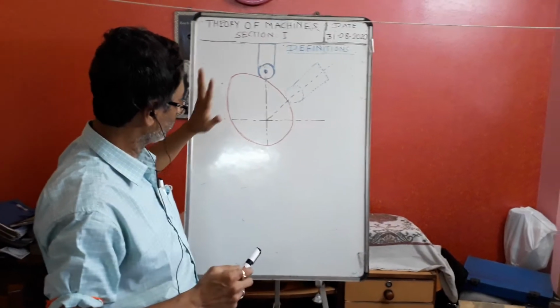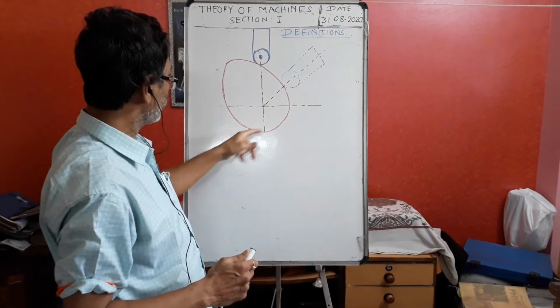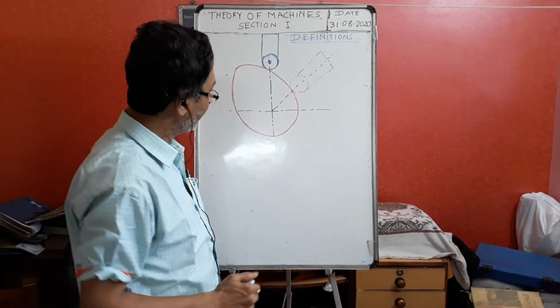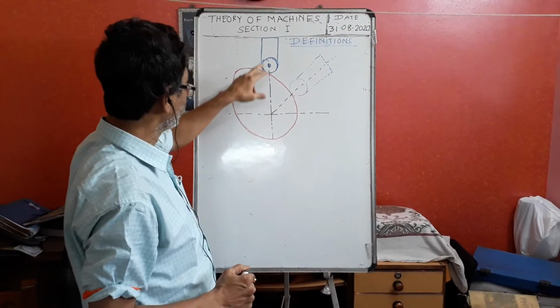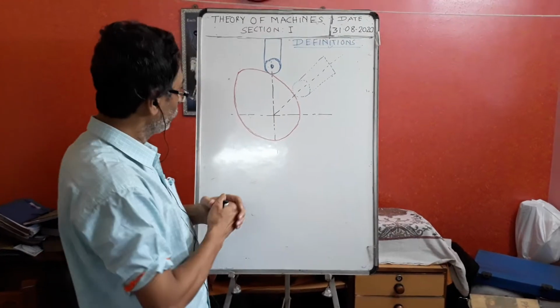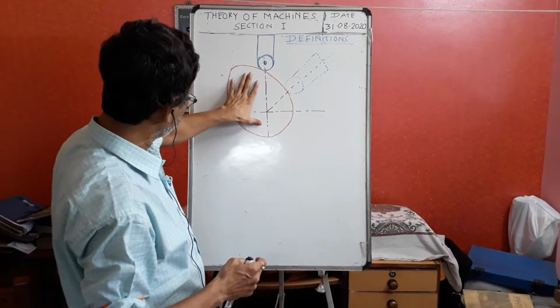This is the follower. So actually the cam was rotating and the follower is going up and down. That means there was a relative motion between the cam and the follower. Now I will keep the cam stationary and rotate the follower.